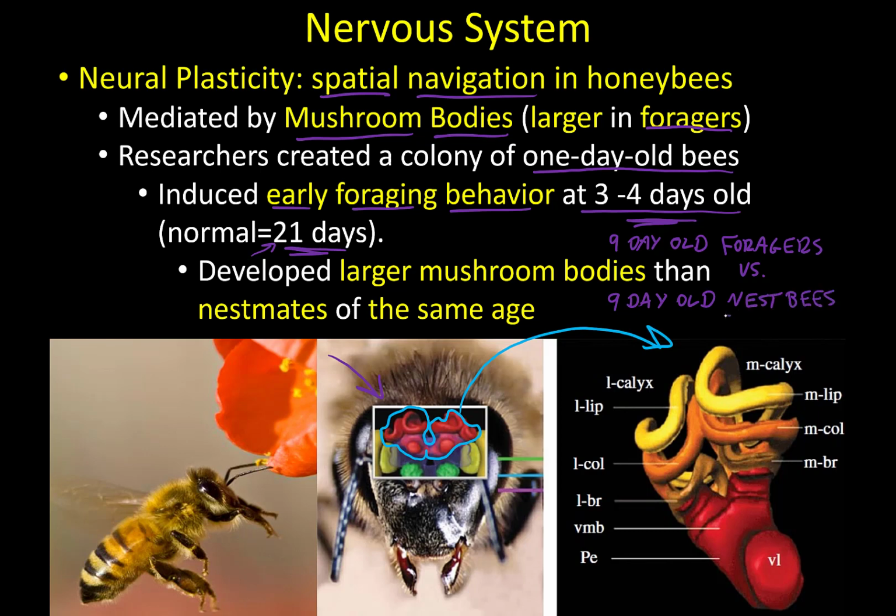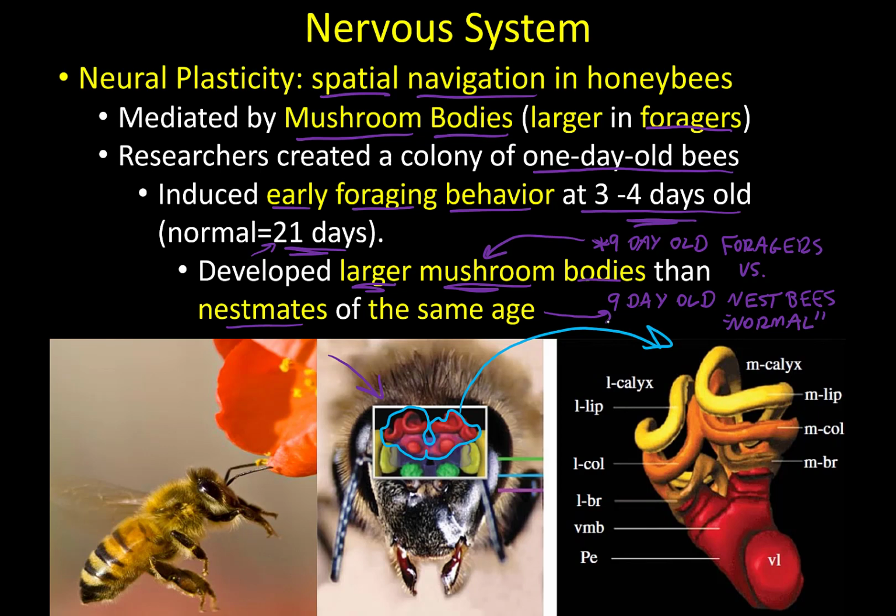These are probably your normal bees, you could call them. Here's what you find. Your foragers here develop much larger mushroom bodies than their nest mates of the same age, which are these bees.